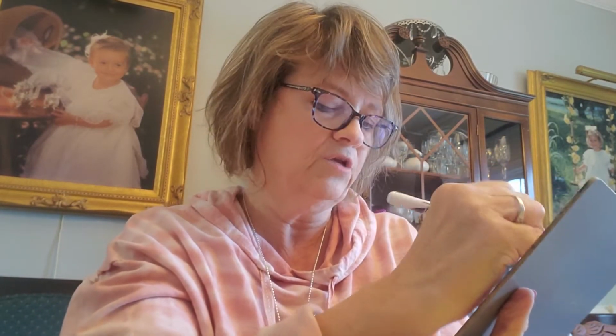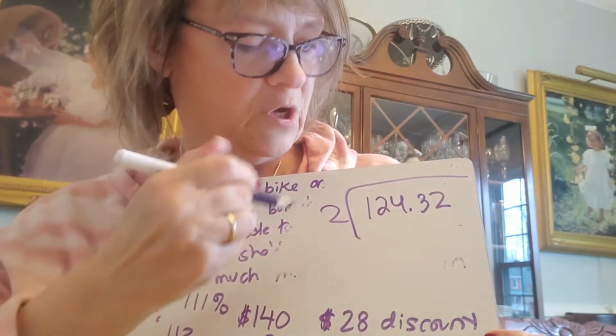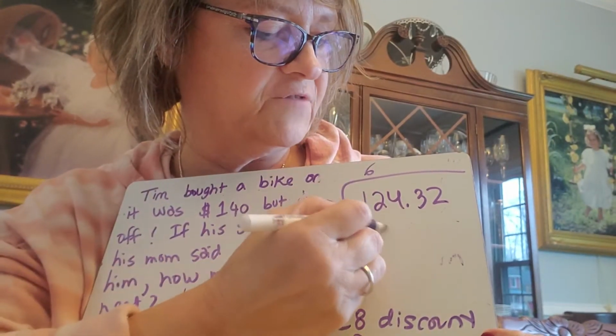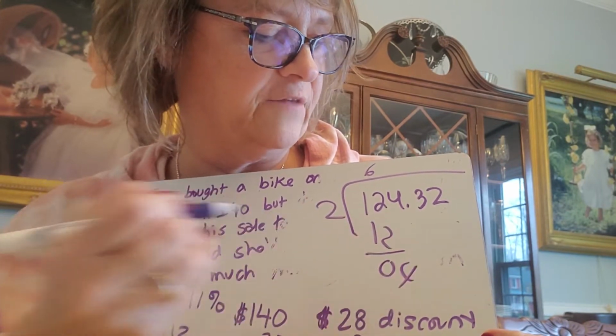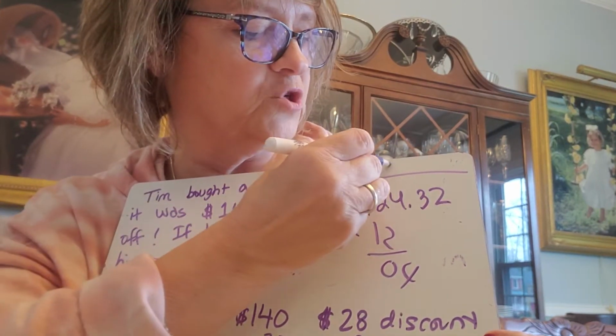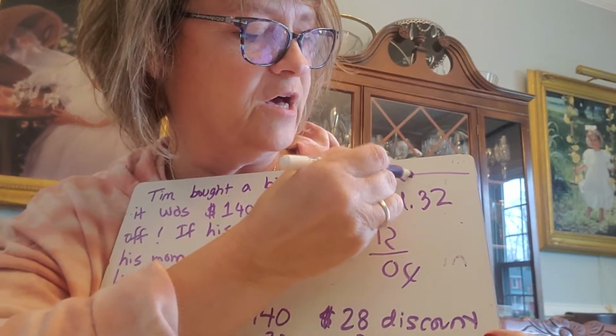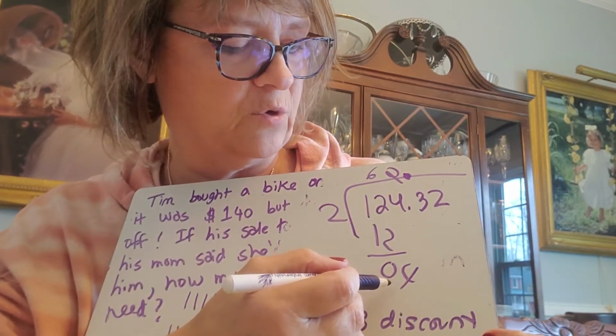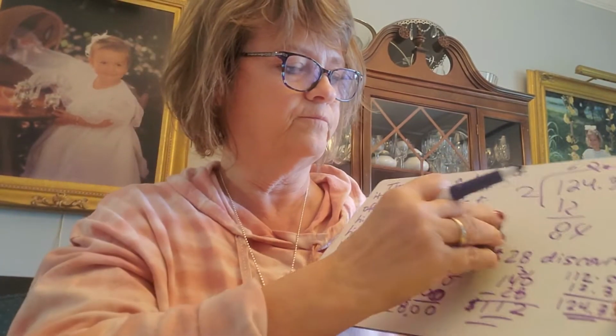So $124.32 divided by 2. Well, 2 goes into 12 6 times. That gives us 12. That's nice. Bring down the 4. 2 goes into 4 twice. Bring your decimal up. That goes also equally. Oh, shoot.